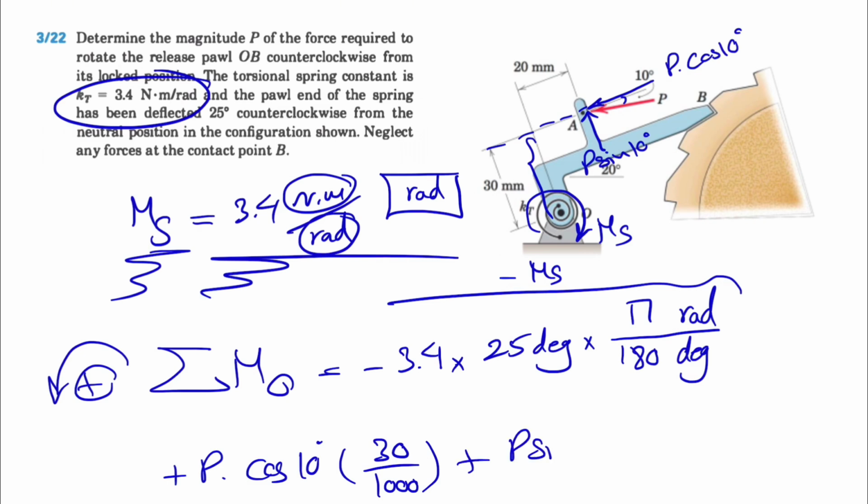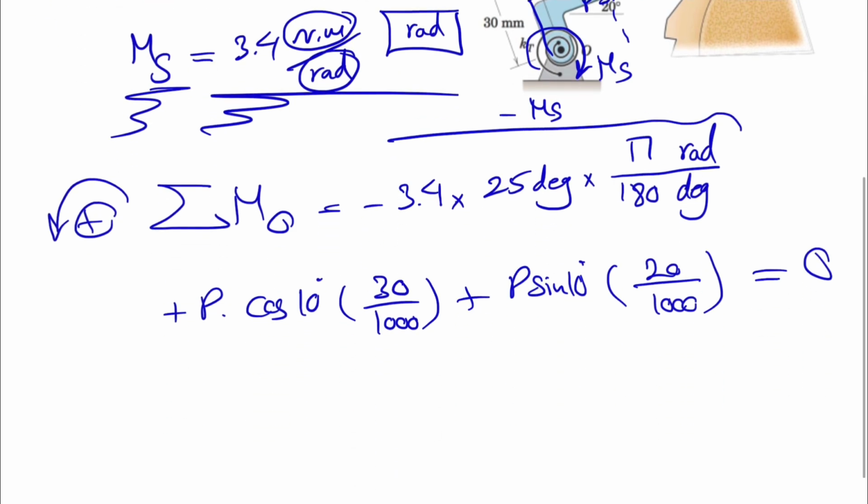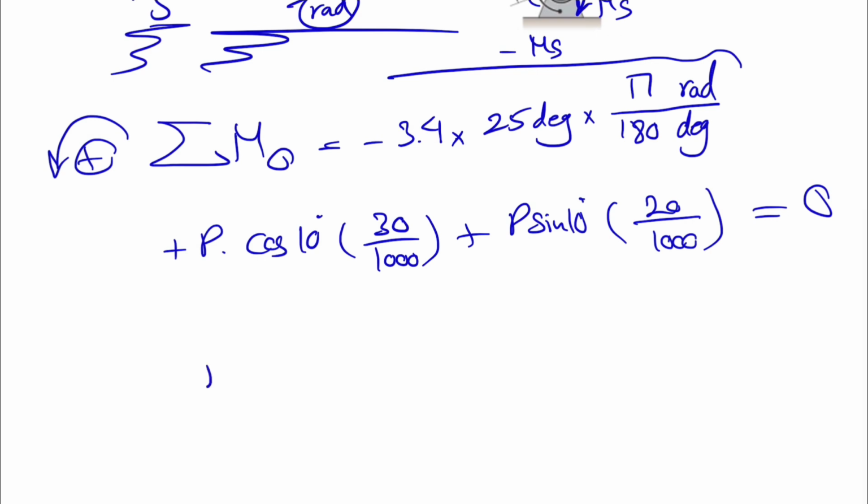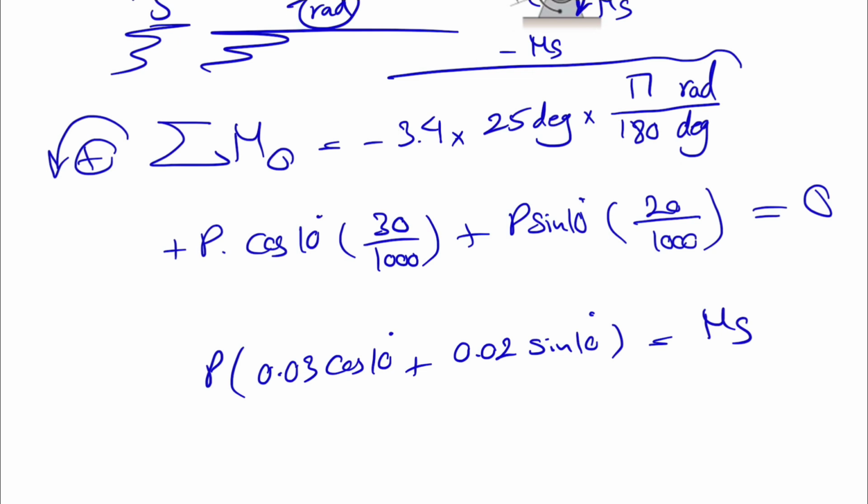For the P sine of 10 degrees, this will be the line of action, and we have this distance of 20 millimeters divided by 1000, which is 0.02. If we factor out P, we have 0.03 cosine of 10 plus 0.02 sine of 10, equal to our Ms.